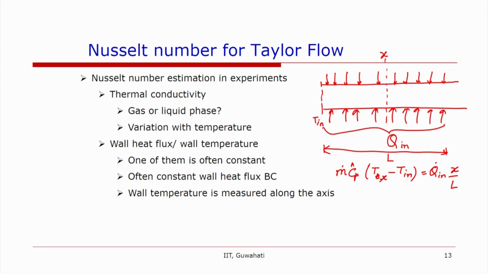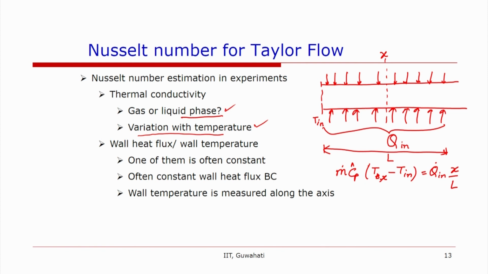M dot Cp will have to take into account that there are two phases present in it. So, Tbx minus T in, and of course, the thermal conductivity will be of the gas and liquid phase, and one can see the variation of K in the temperature range between the minimum and maximum temperature, and judiciously use an average value. Either the wall heat flux or the wall temperature is constant.